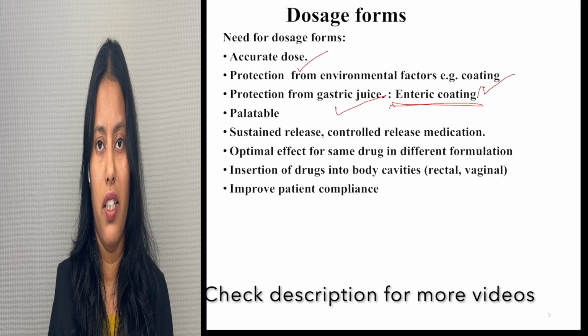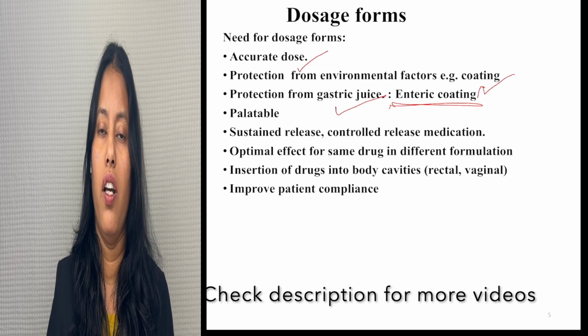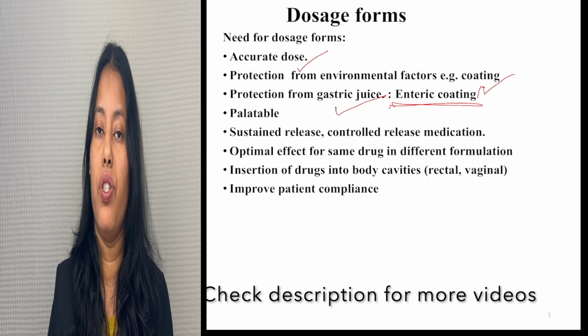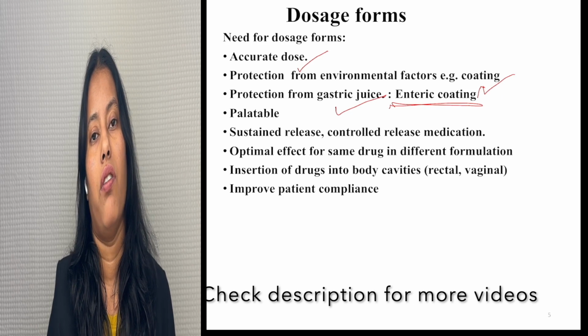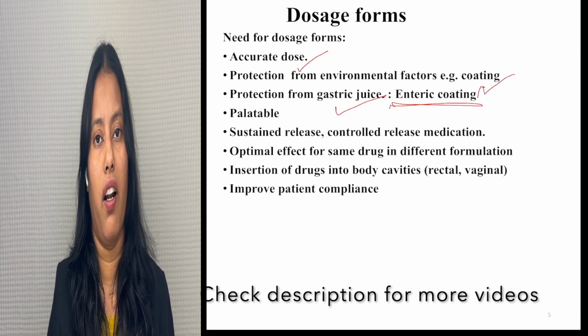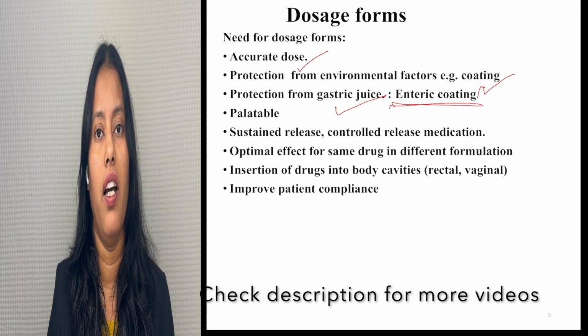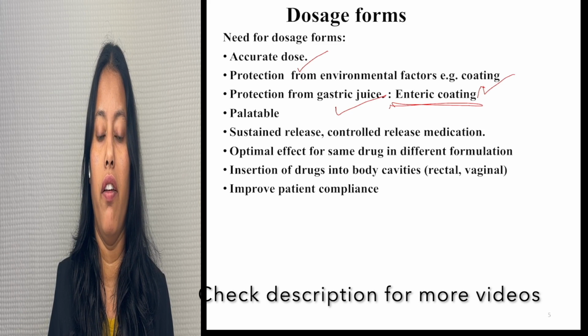When you have this degradation problem in the stomach, you can coat with a polymer which does not release the drug into the stomach, but releases it into the intestine. So you avoid degradation of the drug in the stomach, but liberate the drug into the intestine, and you will have a good therapeutic effect.